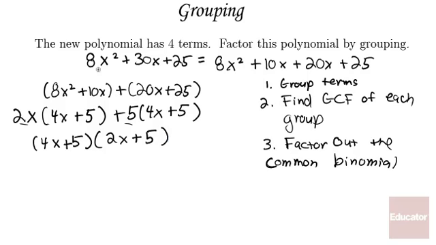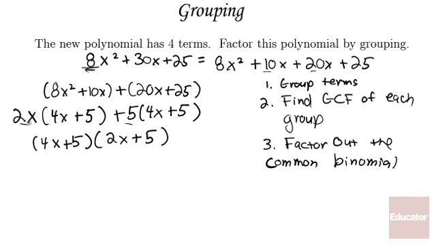So I started out with this trinomial. When I saw it had a leading coefficient other than 1, I figured out what m and n were so that I could make it a polynomial with 4 terms. Once you get to this point, you just approach it the same way we did previously with polynomials with 4 terms. Group the terms, the first 2 and the second 2.